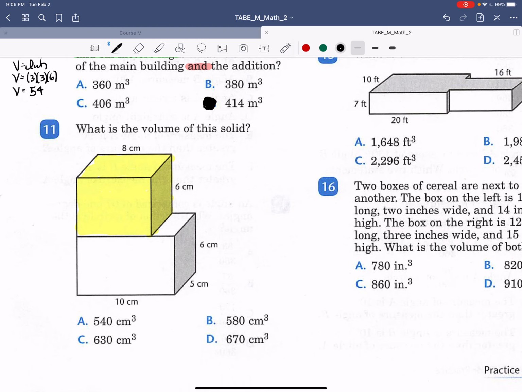So for this one, I have volume is length, width, and height. I know the length, and I know the height. What I do not know at the moment is this dimension right here.